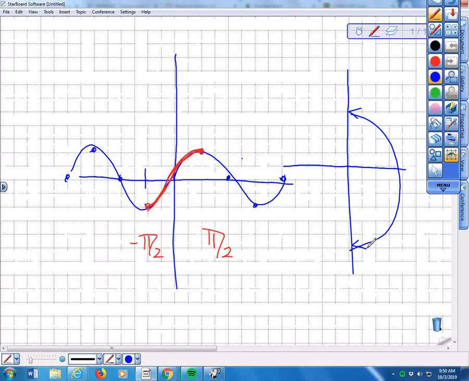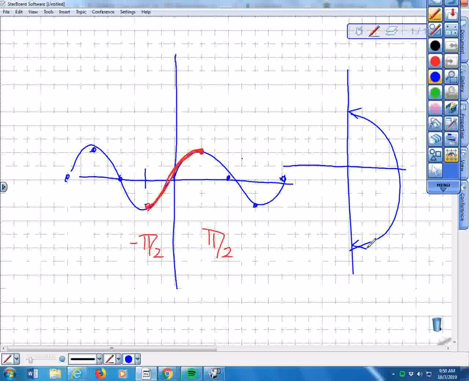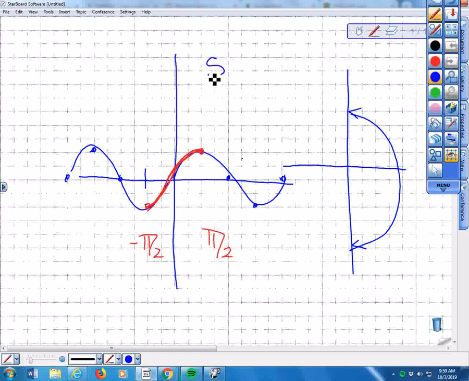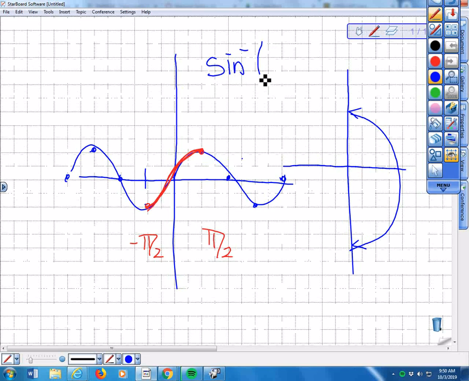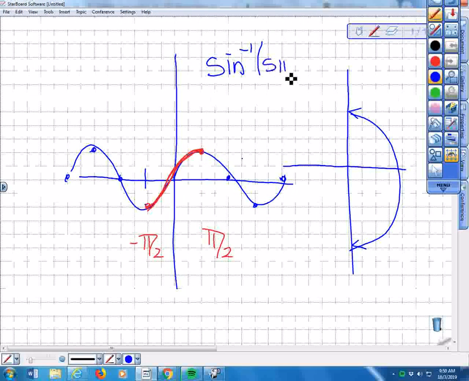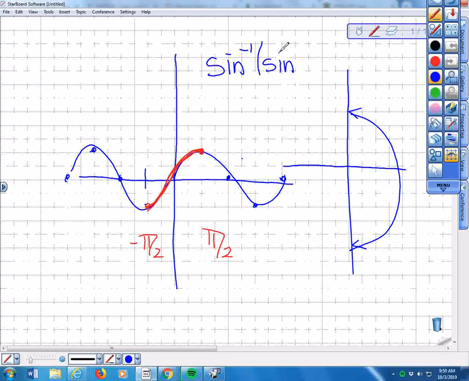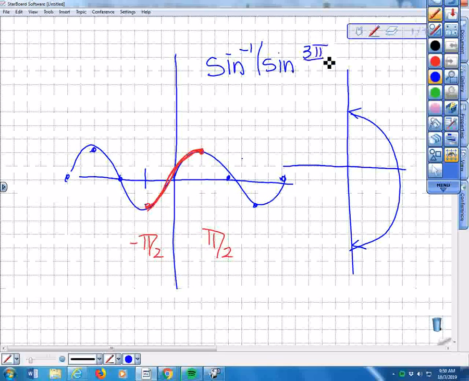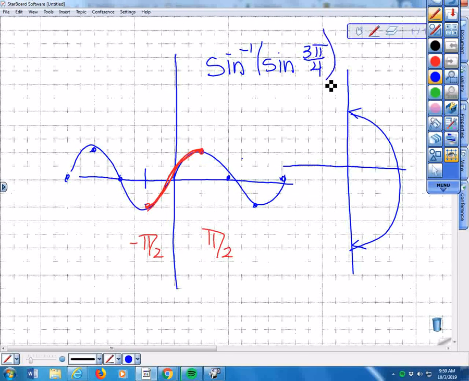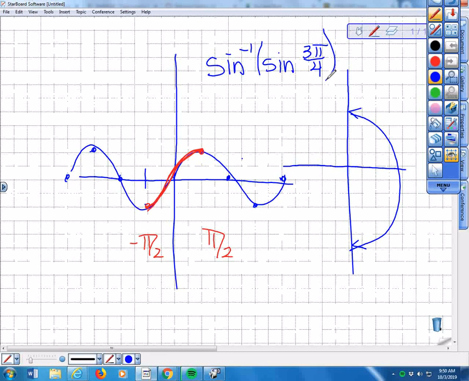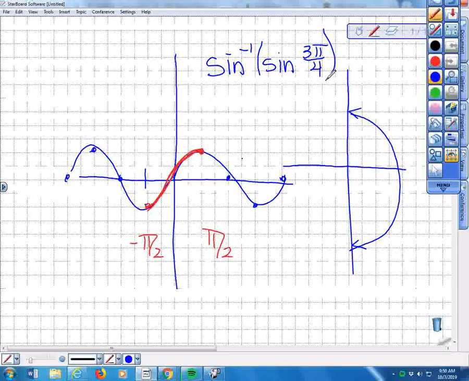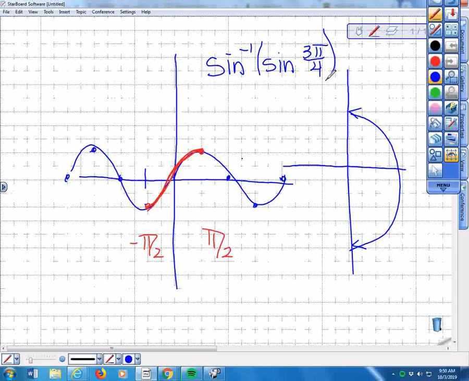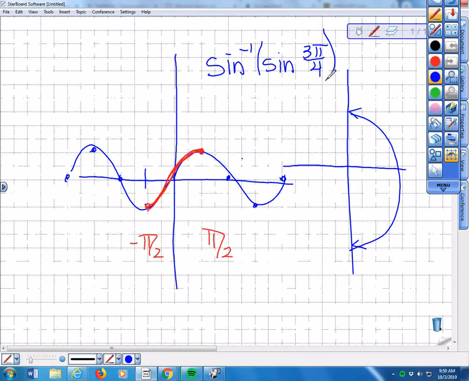Why this is important. If I want to know the inverse sine of sine of 3 pi over 4. Well, hopefully you learned in the next section, take the inverse sine of sine, and it's just what's left.